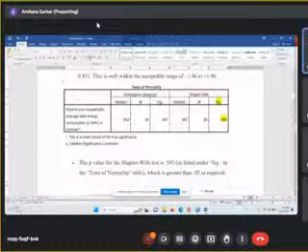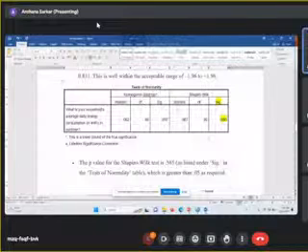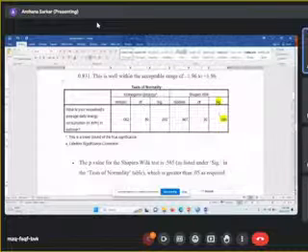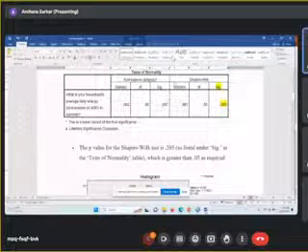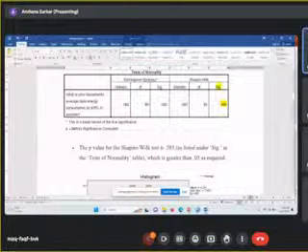The p-value of the Shapiro-Wilk test is 0.585, which is greater than 0.05. So again, the normality test also shows that our data is normally distributed.